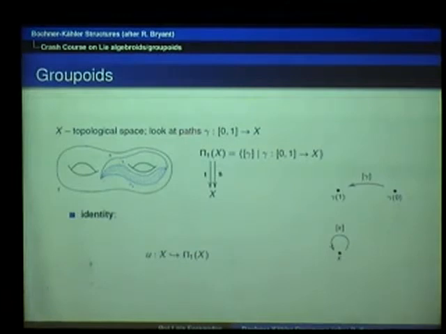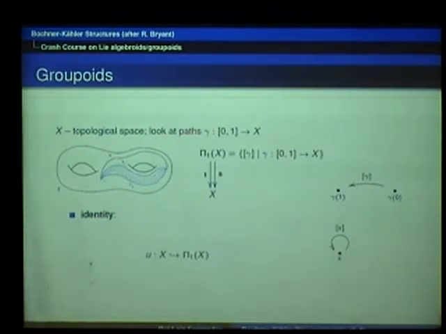Furthermore, for each point of my topological space X, I have the trivial constant path based at that point, and that gives me what's called an identity arrow at X. So X is somehow embedded into this space of paths through this identity map.